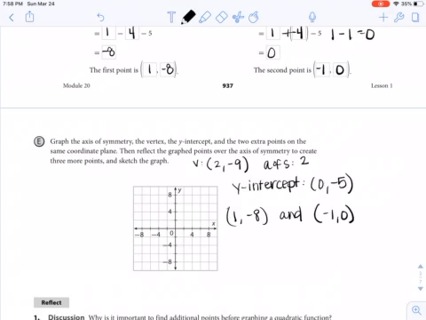And so if I plot my vertex, I'm going to go to positive 2, and I'm going to go down to negative 9. Sorry about that. Well, we already know that this is our axis of symmetry, which we can also write as x equals 2. Okay. We're going to plot our y-intercept, so we're going to find 0, and we're going to go to negative 5, which is going to give us this point here. Then we're going to go to 1, negative 8.